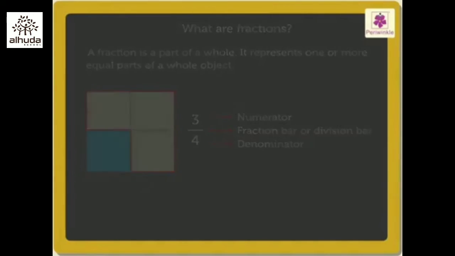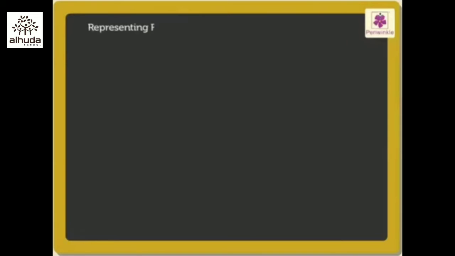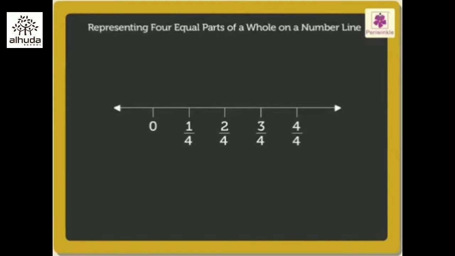Now, let us see how 4 equal parts of a whole are represented on a number line. Here, 0 to 1/4 is one part of the whole. 1/4 to 2/4 is the second part. Similarly, 2/4 to 3/4 is the third part.